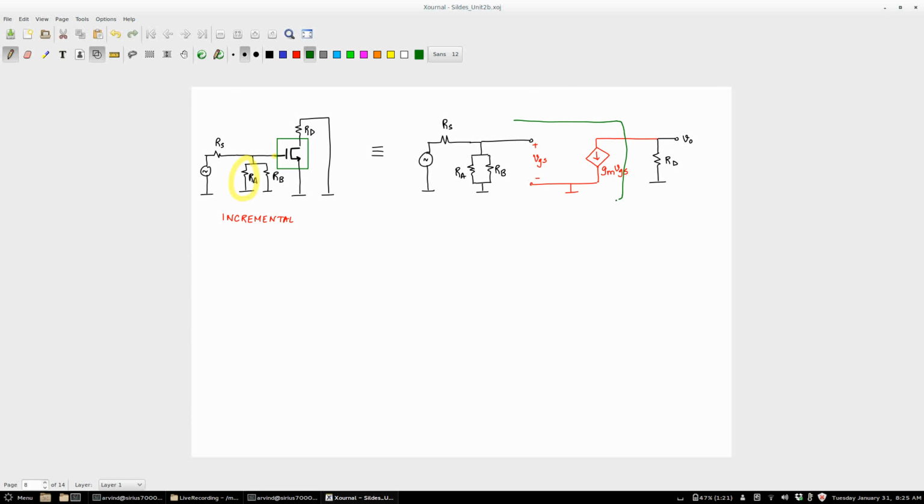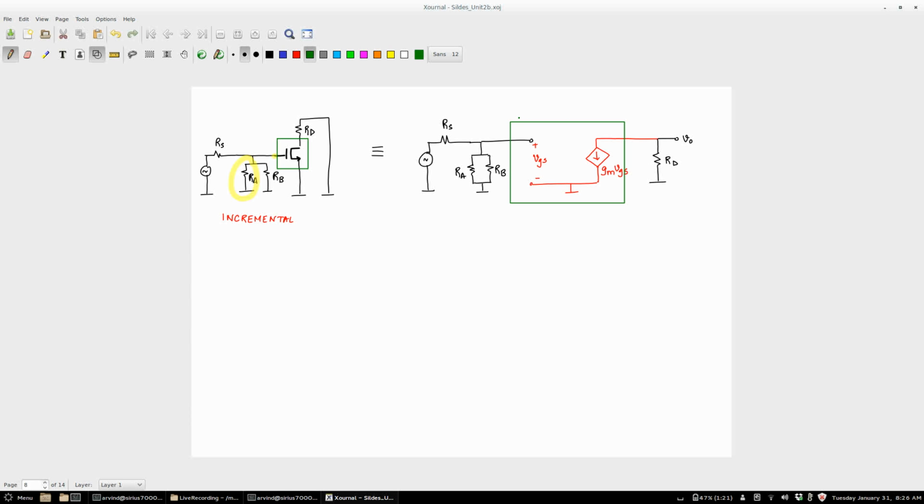And that also effectively connects to ground. And where am I taking the output? That is the out, right? So that green box is this green box.